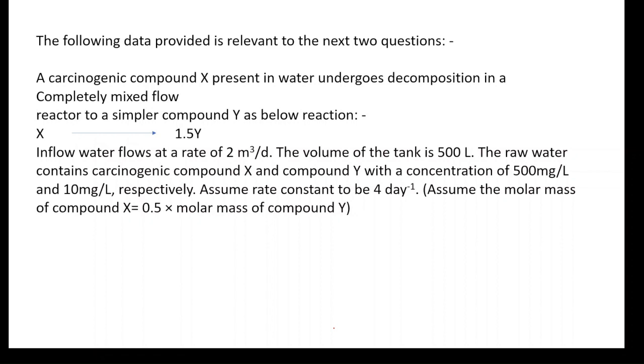The volume of the tank is 500. V is given. The raw water contains carcinogenic compound X and compound Y with the concentration of 500 and 10 respectively. So for one compound Ci is given, and for the other compound also Ci is given. Assume rate constant to be 4 per day. K is given, okay, and X is equal to 0.5 into molar mass of compound Y. So you note this down, then we'll see the question.